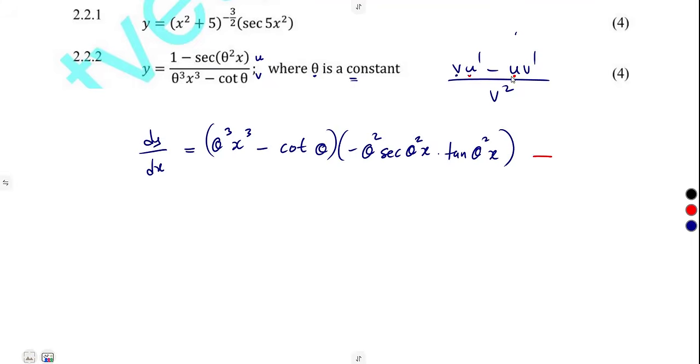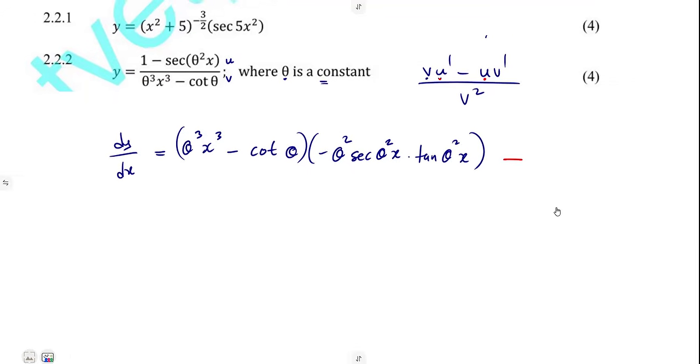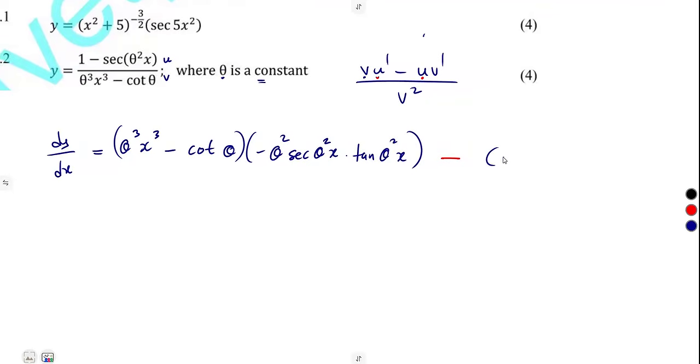Minus u, our u is the numerator as it is, so 1 minus the sec theta squared x as it is. That is our u, times the derivative now of v. So this is where our v is.